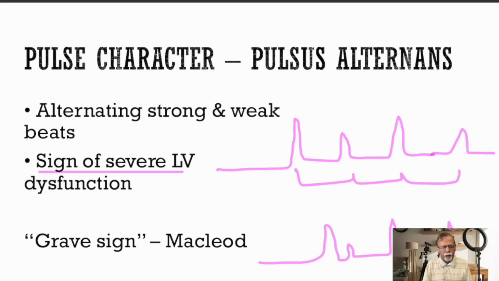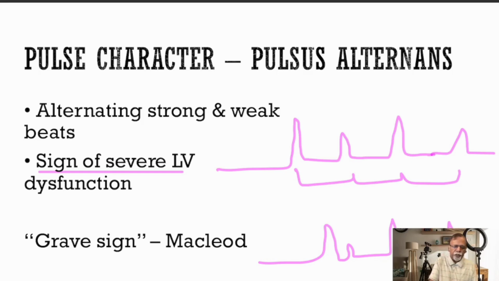So Starling's law, that is, the contraction is related to the initial length of the muscle. Here the length is the volume of the heart, so it will get a more forceful contraction. So the cycle repeats. Hope you understood the mechanism of the pulsus alternans.